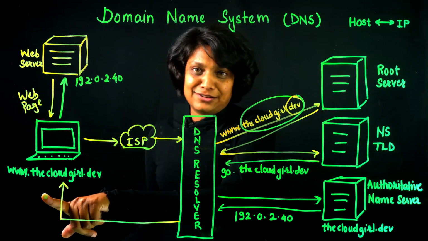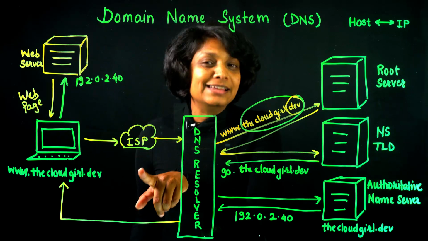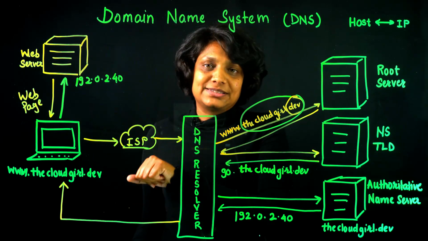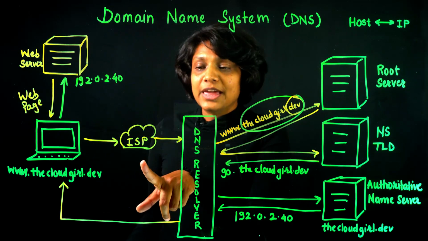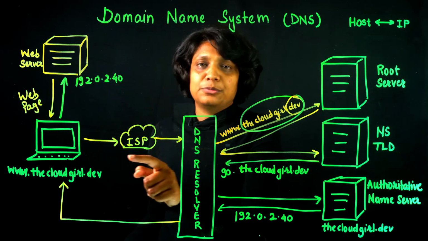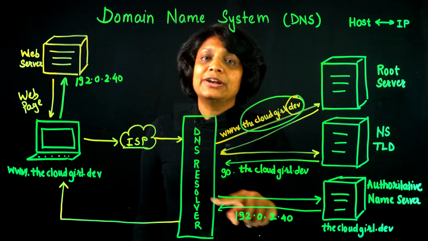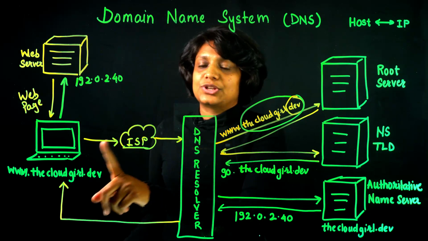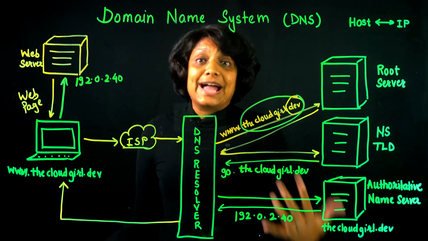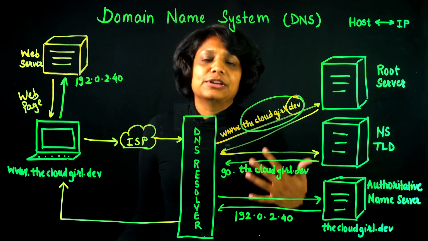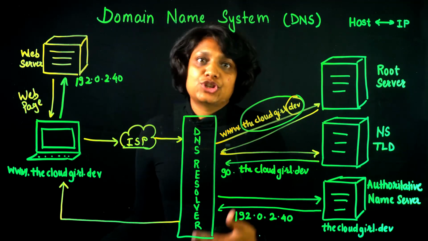If it didn't find it in the browser cache, it'd likely be found in the internet service provider's cache, and from there it would just return the IP address. So it wouldn't have to go through this entire recursive query process if it just takes it from the cache, which is what happens in most cases because DNS records don't often change.